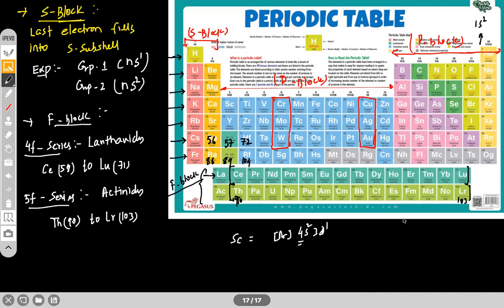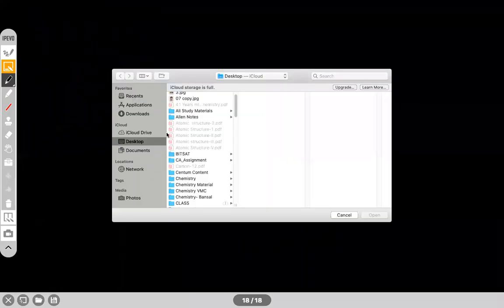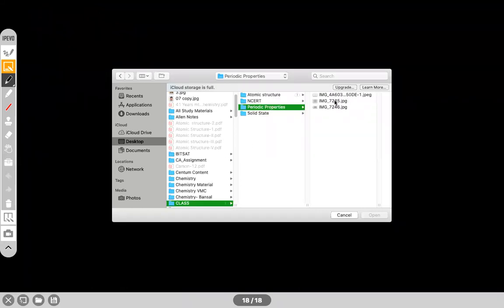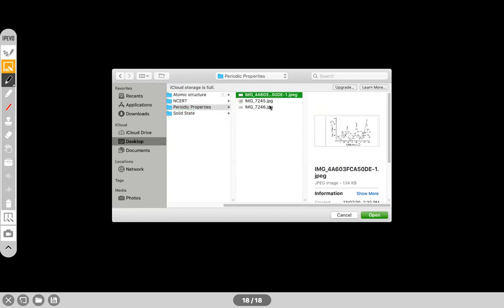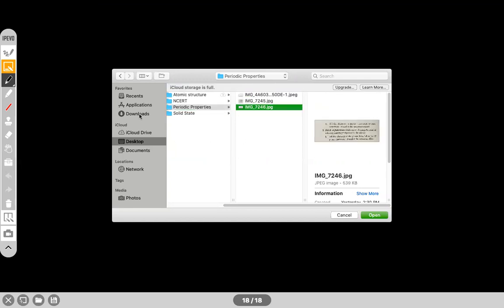Now the other thing that you should know about this periodic table, I'll again take one more image.